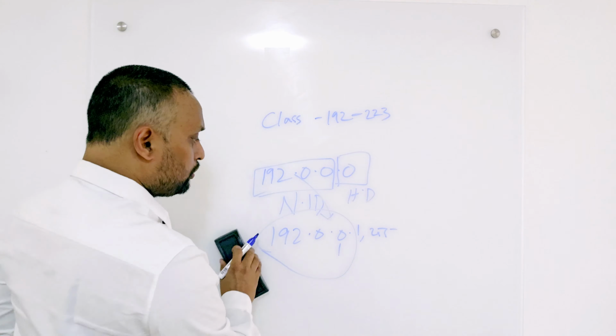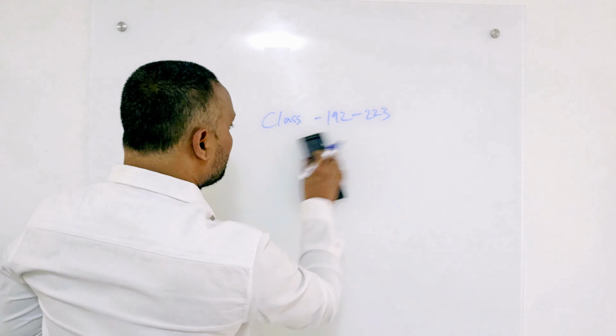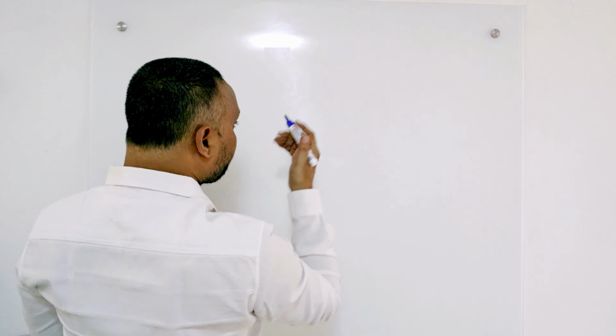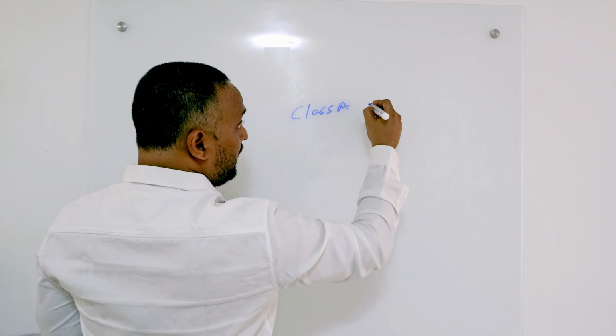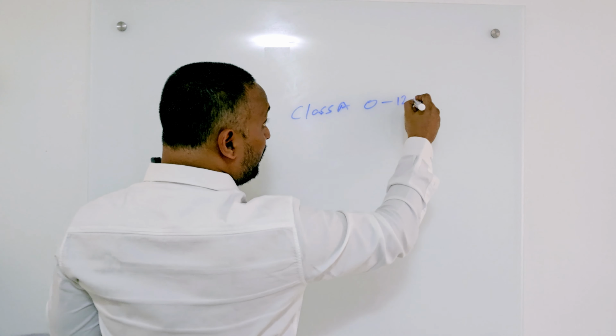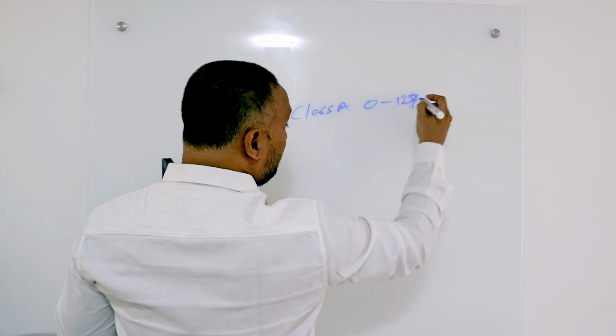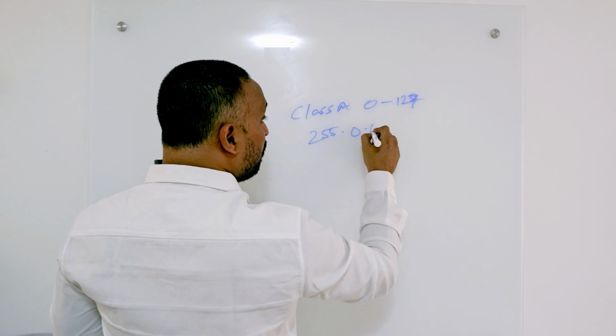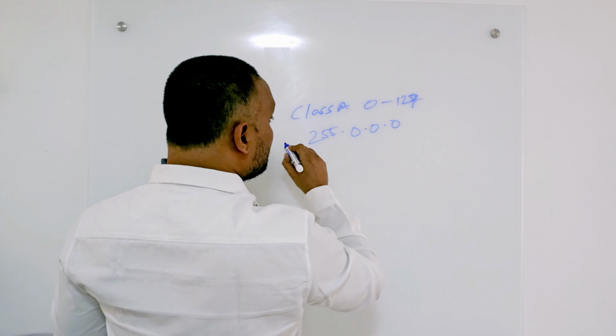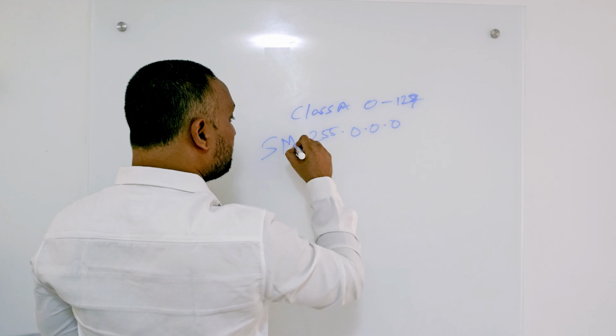To give precise information, very short details about the classes. Class A, like I mentioned, starts from 0 to 127. The subnet mask will be 255.0.0.0. This is the subnet mask.